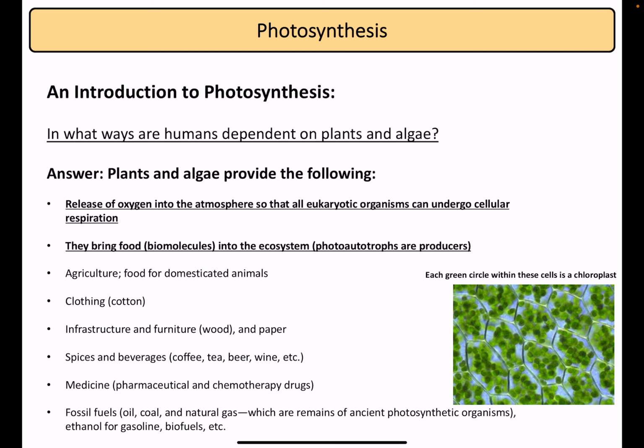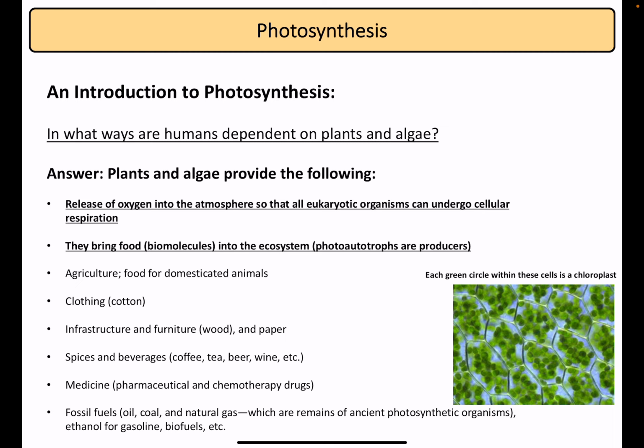So just to name a few, all agriculture, obviously, is dependent on plants. Also, we require food for all of our domesticated animals, whether those be cattle or sheep. So food source for them. Pretty much all of our clothing, including the clothing itself, cotton, is primarily composed of cellulose from plant cells.